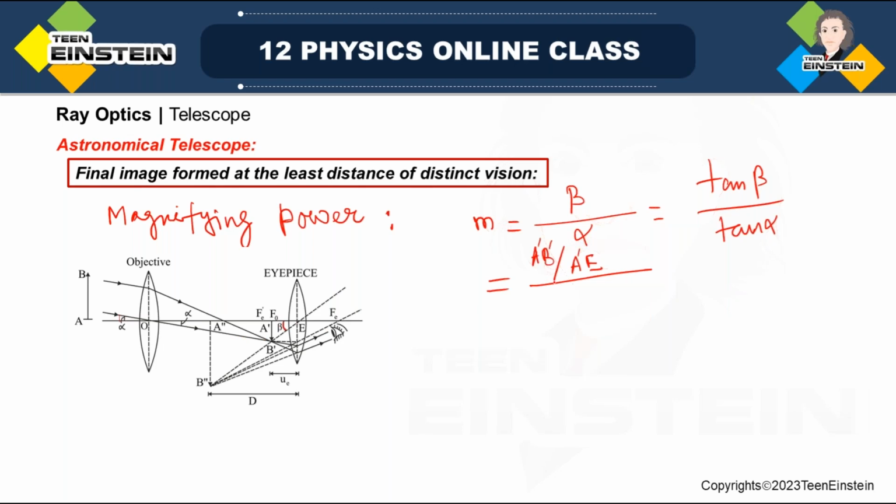And tan alpha, if we take this triangle, can be written as A prime B prime over the base, which is O A prime.